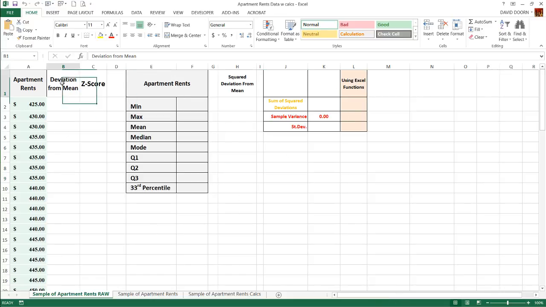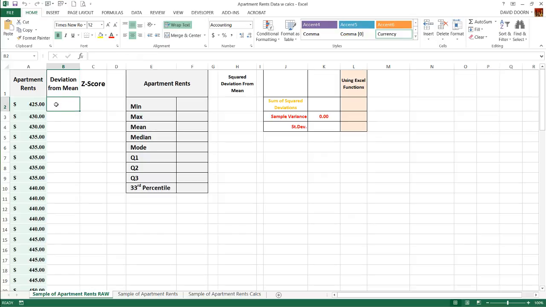So we want to first calculate what's called the deviation from the mean, but before we can do that, we need to know the mean, right? So here I have a list of things we can calculate called descriptive statistics. So this is sample data, so these are descriptive statistics. Summary measures of the data set. We're not going to do them all right now, but we do need the mean.